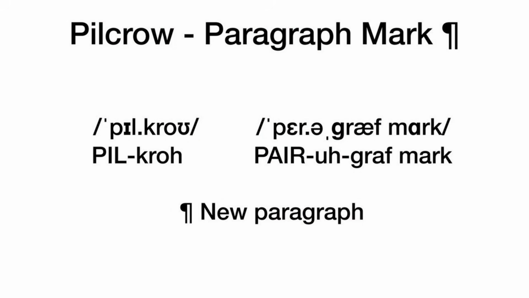So we must shrink some syllables to make the rhythm sound correct. So let's try these again. Pilcrow, paragraph mark. And a paragraph mark or a pilcrow show a new paragraph should be starting.